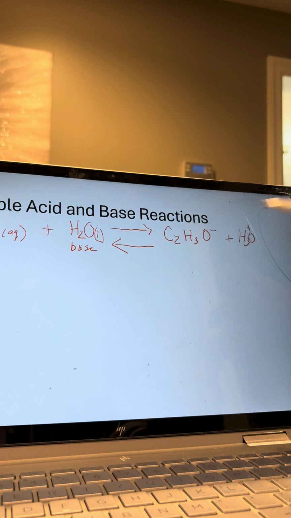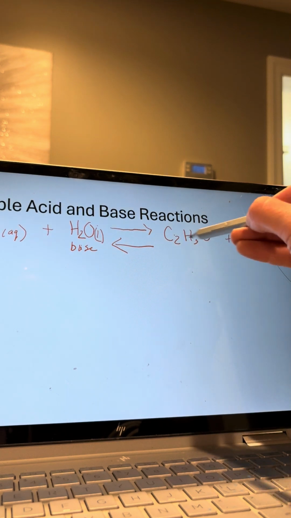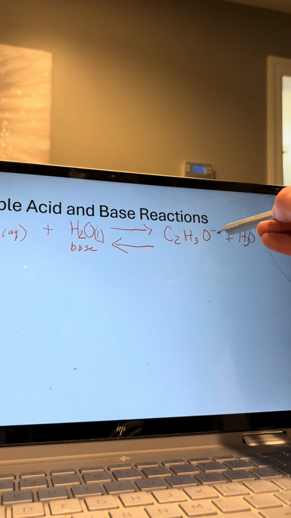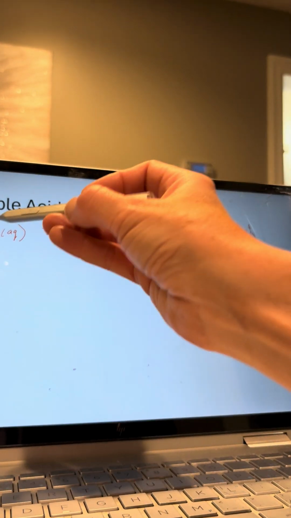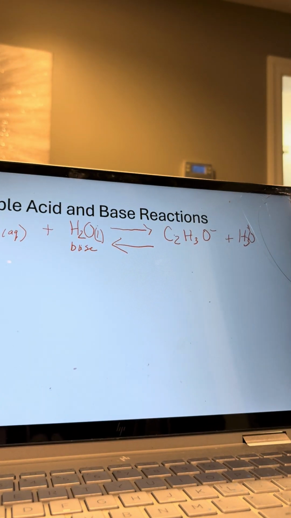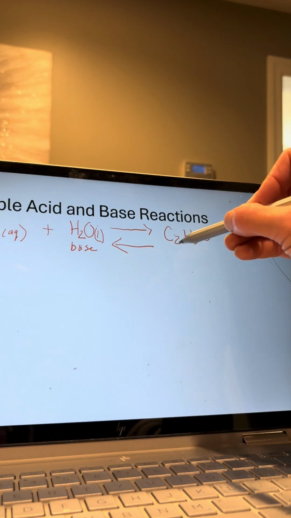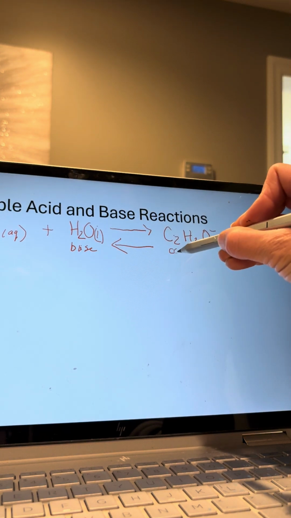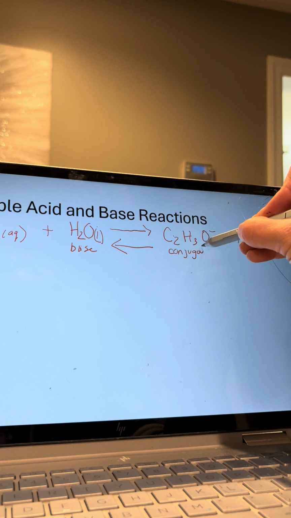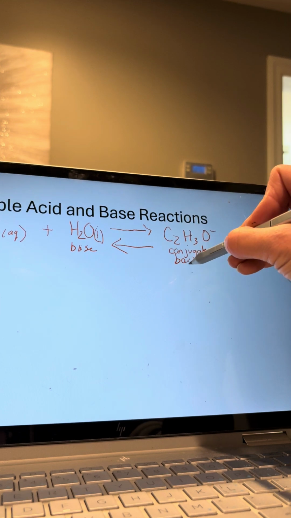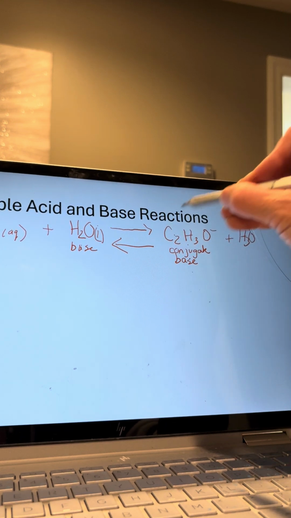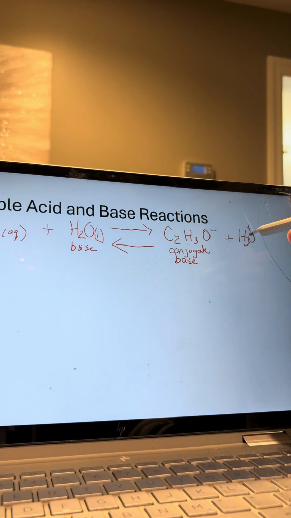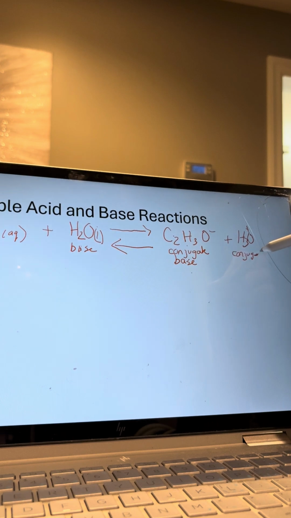So if you are going then the opposite way, what's going to happen is that hydrogen ion that is found on the H3O right now is going to go back to the acetic acid molecule, and it's going to form the acetic acid again. So in this case here, this side, this would be what we call the conjugate base, because when we go back in the reverse direction, it's accepting the hydrogen. And then since this is giving away the hydrogen, this is going to be the conjugate acid.